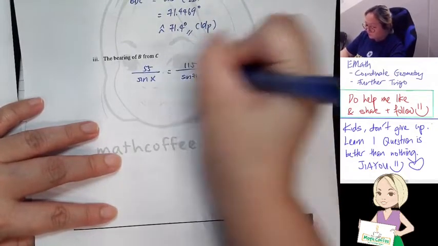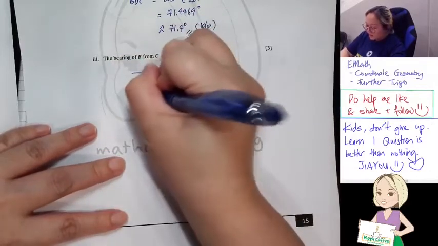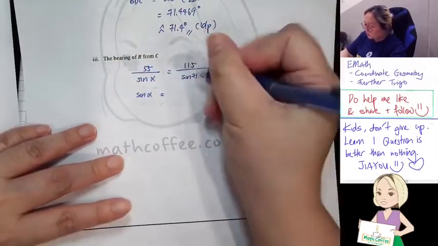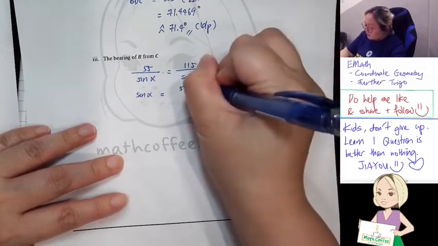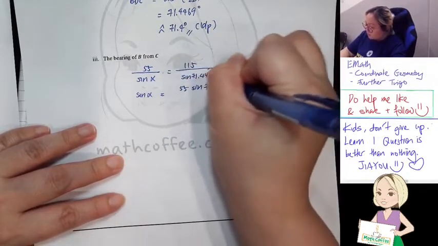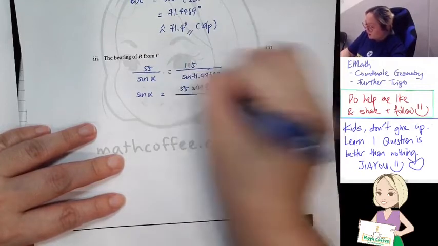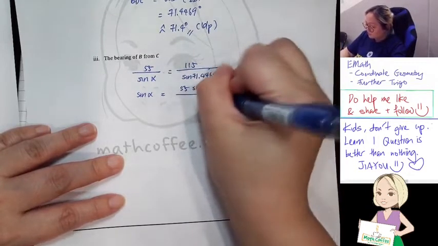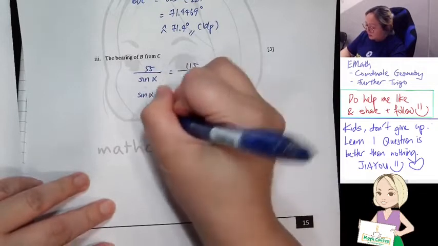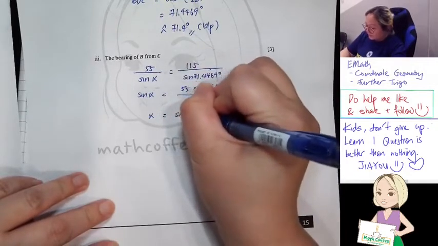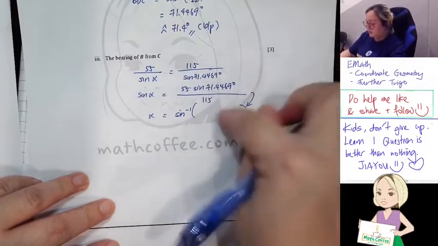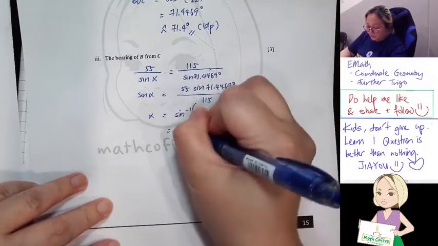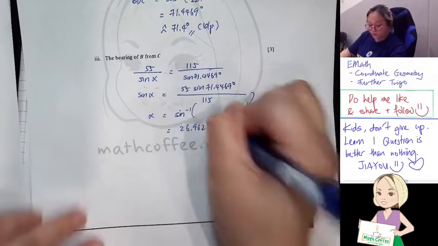71.4469 degree. So I will have sine alpha is equals to 55 sine 71.4469 degree divided by 115. Okay, and the alpha will be sine inverse, this one, put it inside, and you will get 26.962 degree.